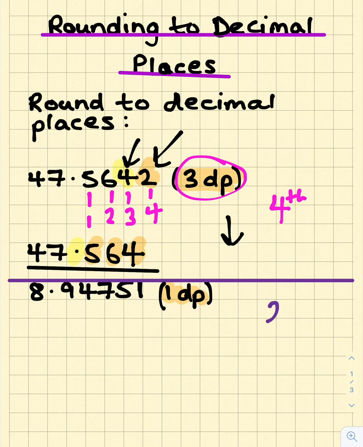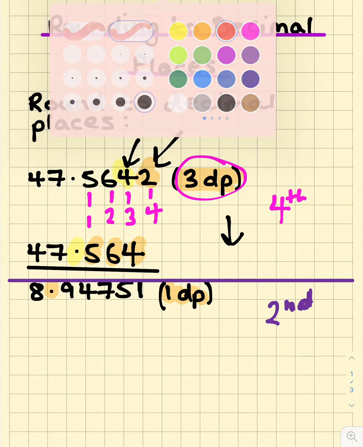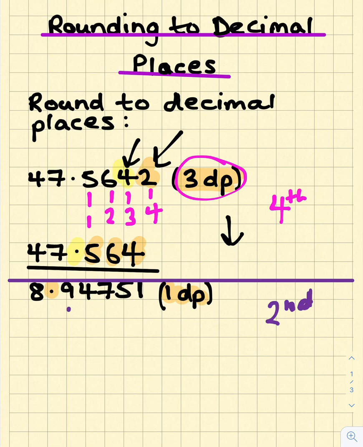So we are going to inspect the second decimal place. First of all, we identify our decimal point. There we go. And then we count. We have our first decimal place there, our second there, our third there, our fourth there, and our fifth there. Let me just write those out a bit clearer.